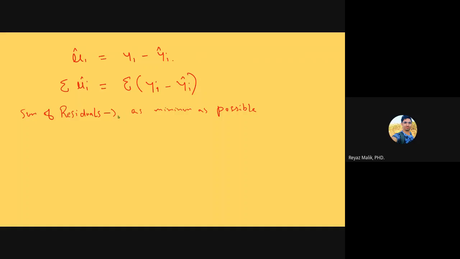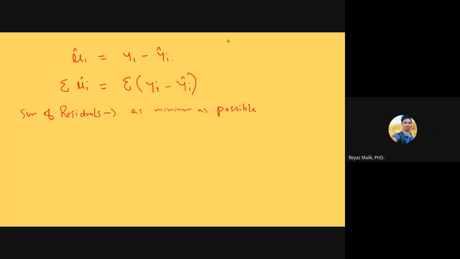Then what is the next point? The next point is how to get this value as minimum as possible. That's our challenge, or you can say that's our goal.